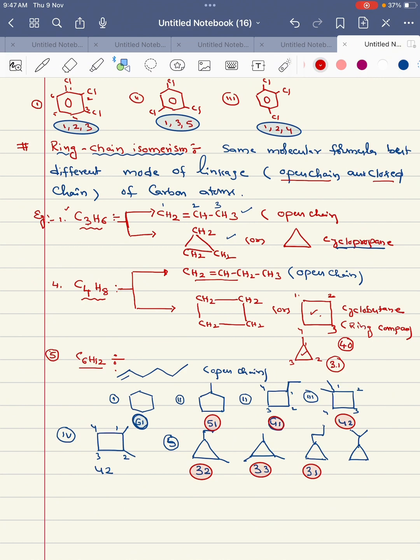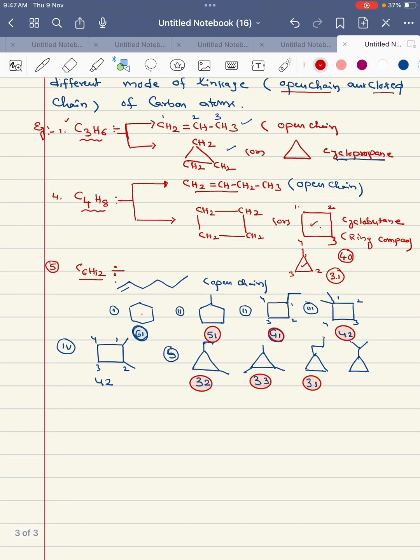But cyclohexane with all these compounds are position as well as chain isomers of each other. Is it clear, students?